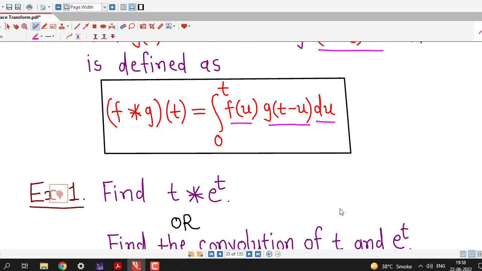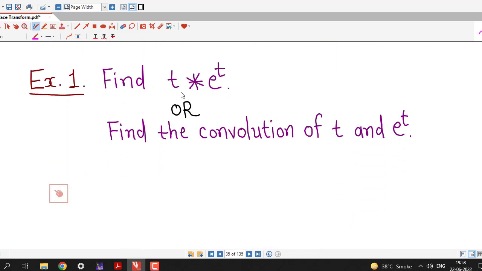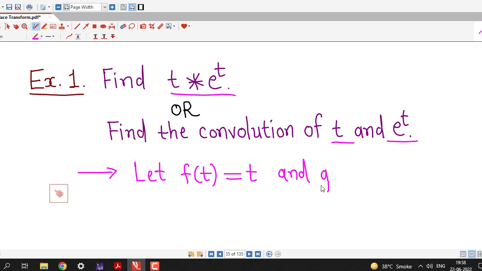We understand this definition with this example. Here we are asked to find the convolution of two functions t and e raised to t. So we consider one function as f of t and another function as g of t. Let f of t equal t and g of t equal e raised to t.